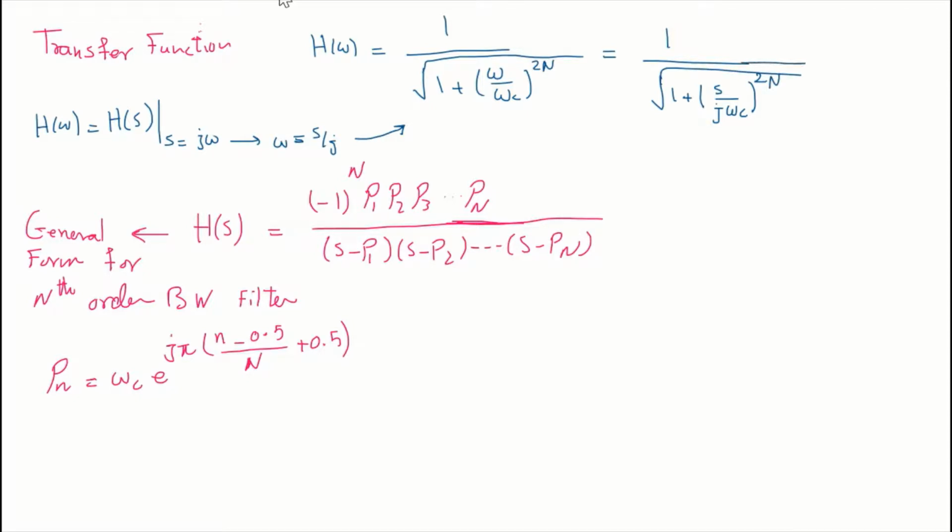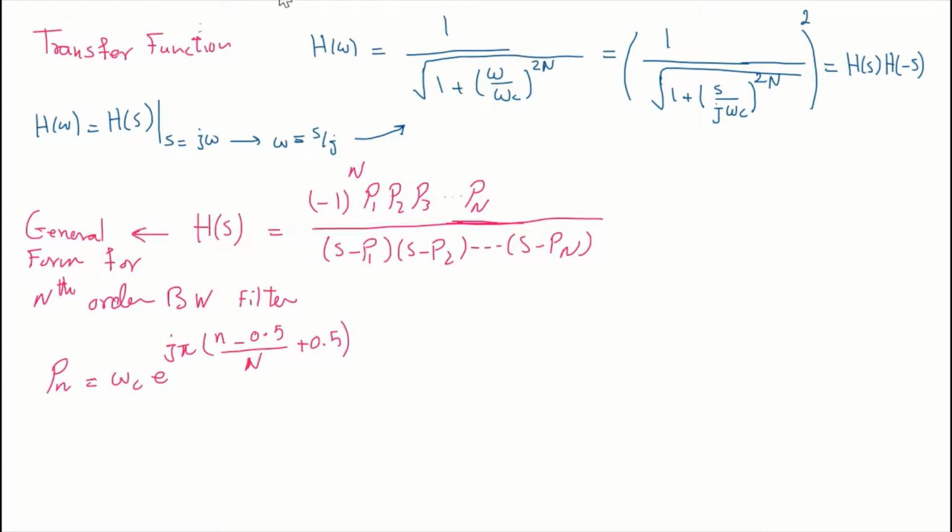Then if I calculate the square root of this value, that would be h of s times h of minus s, the conjugate of h of s.